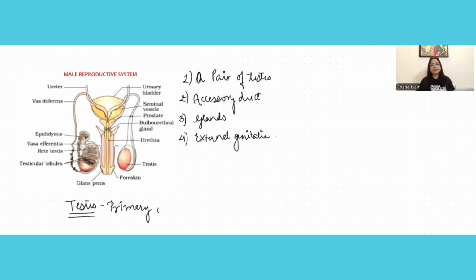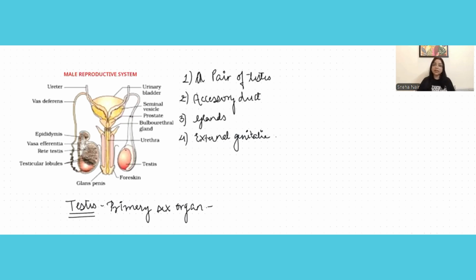See, sex organs can be divided into two types. Primary sex organ is the organ that helps in formation of gametes. And secondary sex organs are the other structures that do not form gametes but play an important role in reproduction. So testes are primary sex organ that helps in formation of gametes.